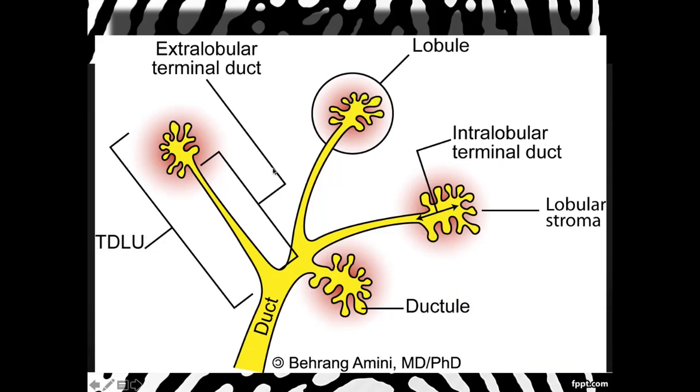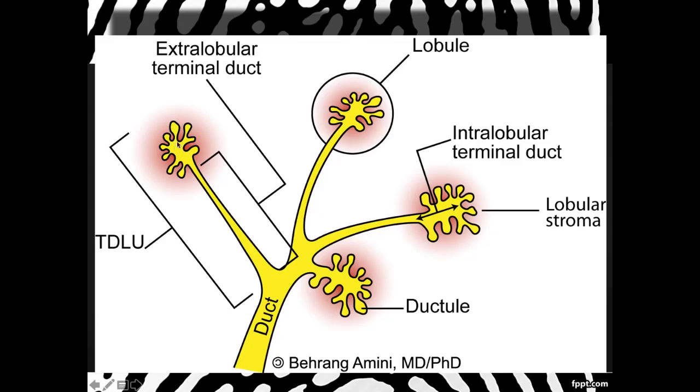So this is the terminal duct. Terminal duct with secretory units. Secretory units are represented by alveoli. These are lobules with alveoli.